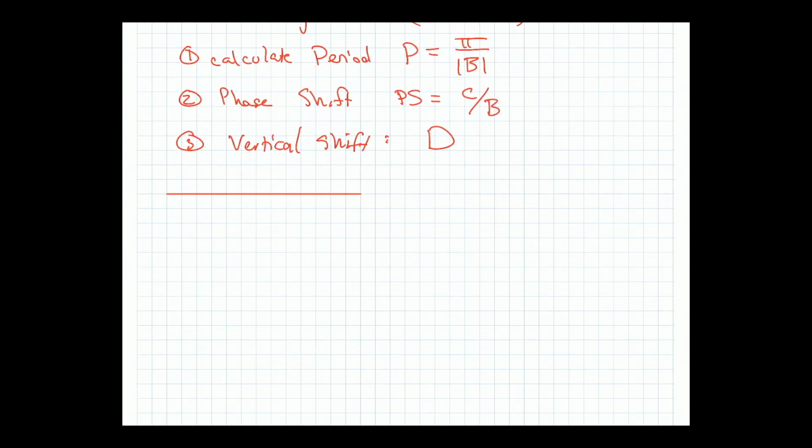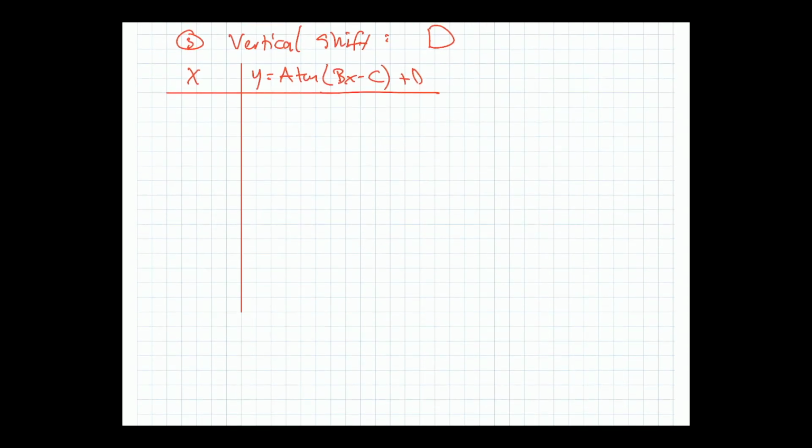All right, so how do we do this? What has to change when we add this phase shift and everything here? So A tangent BX minus C plus D. Before it looked like this for a tangent, right? We did negative 1/2 period, and negative 1/4 period, and then 0, and then quarter period, and then a half period, right?